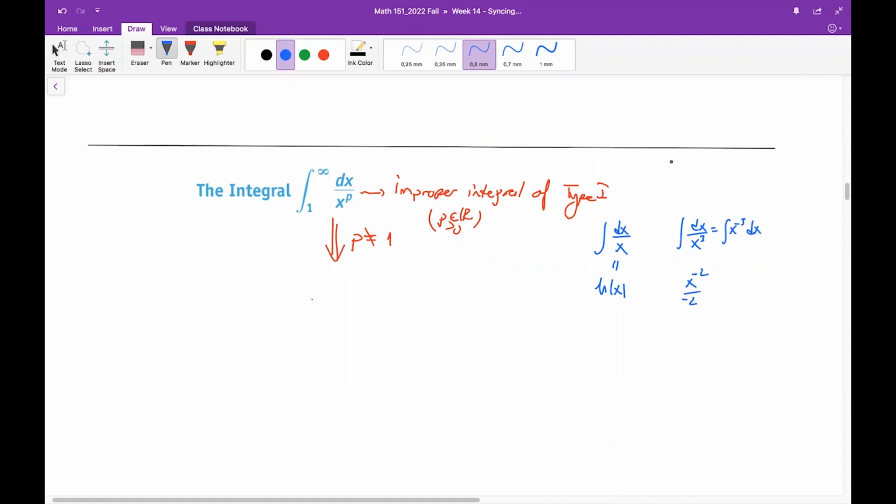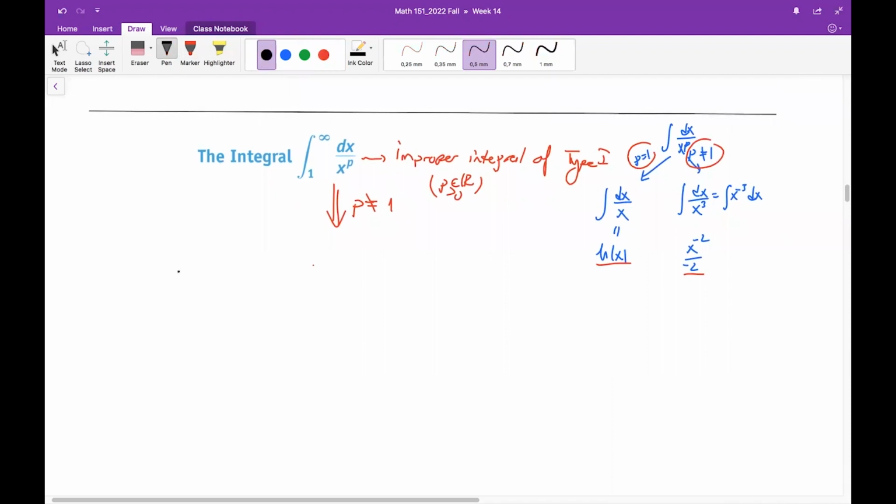That's why we need to exclude p equals 1. In the case where p is different than 1, you always obtain a power function. So p equals 1 and p different than 1 should be treated differently because the integration rules are different. That's why we start by covering the case where p is different than 1. Then we will also cover the case where p equals 1.